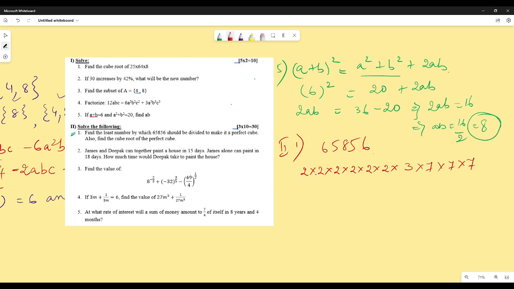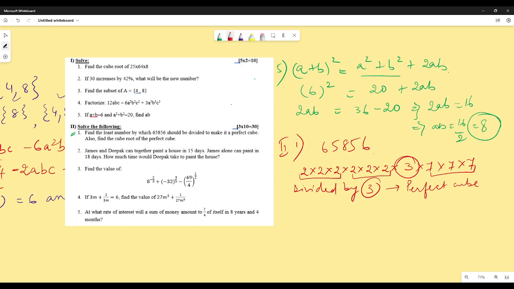Now remember, we are looking for a perfect cube, so we group them in threes. We see that this is grouped, this is grouped, this is grouped. What is extra is this 3. So this means that it needs to be divided by 3 to make it a perfect cube.